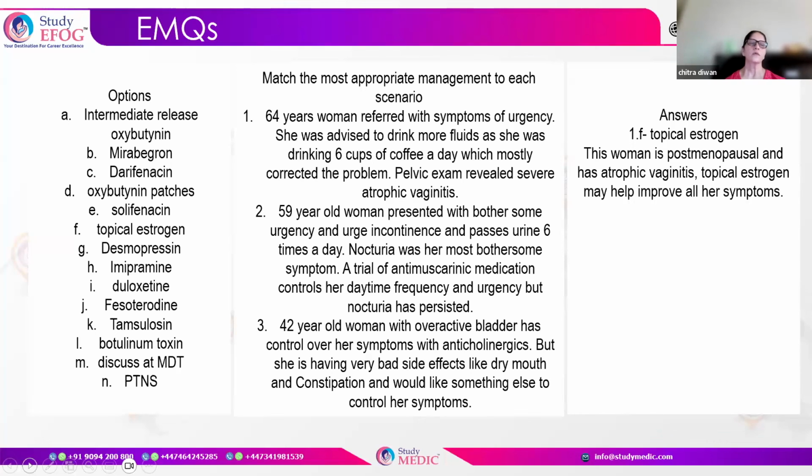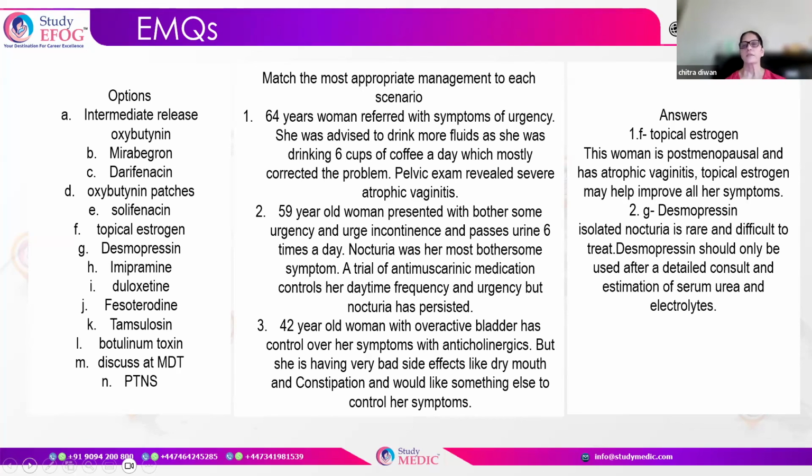The best for nocturia is desmopressin. But remember here that you will have to offer her desmopressin only after a detailed consult, and you will rule out hypertension or anything, and you will do an estimation of serum urea and electrolytes, and only then offer her desmopressin if there is no other contraindication.